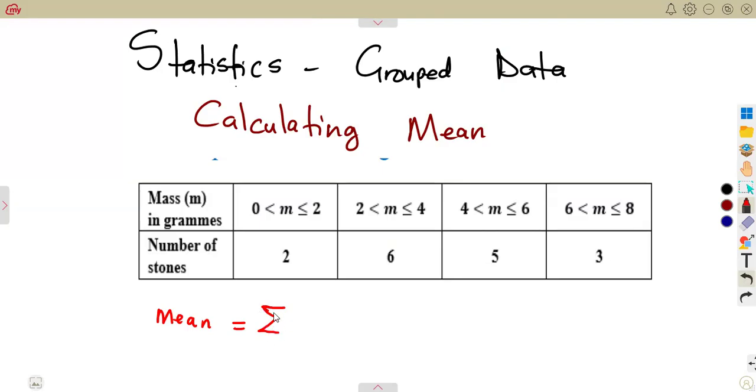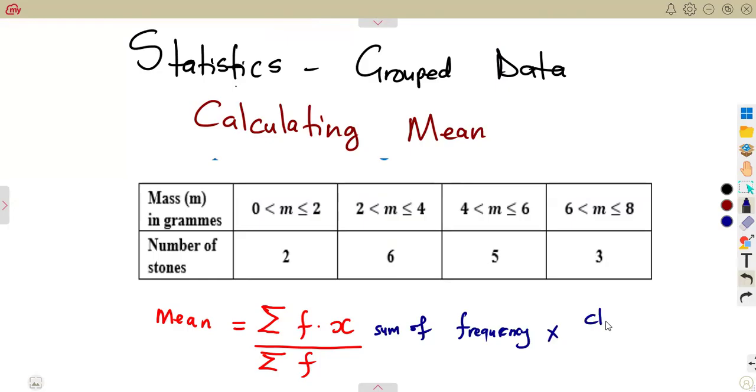So it is the sum of frequency times the class center over the sum of the frequency. Sum of frequency times class center. That is what it means.